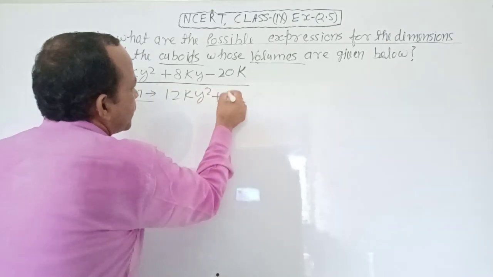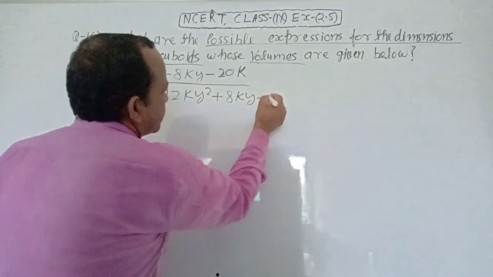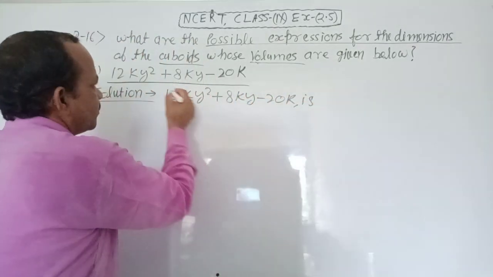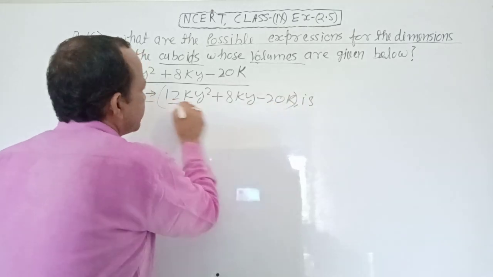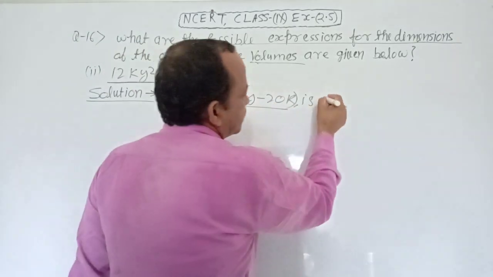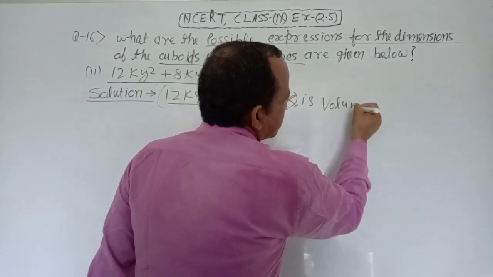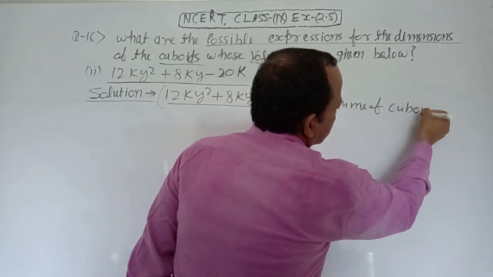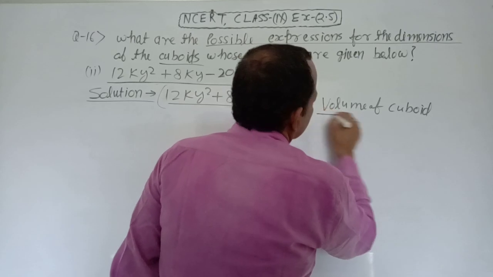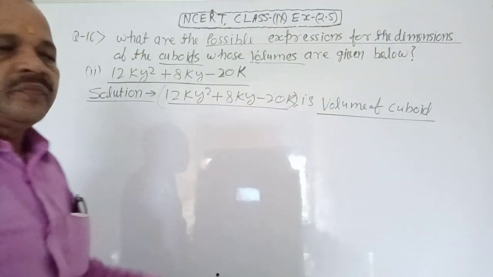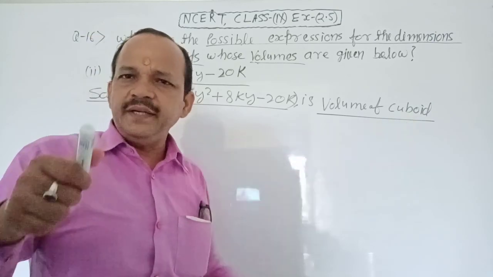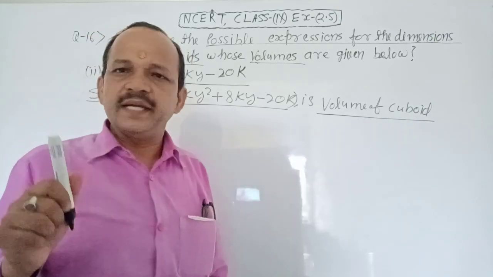12ky square plus 8ky minus 20k is the volume of the cuboid. You find the length, breadth and height.